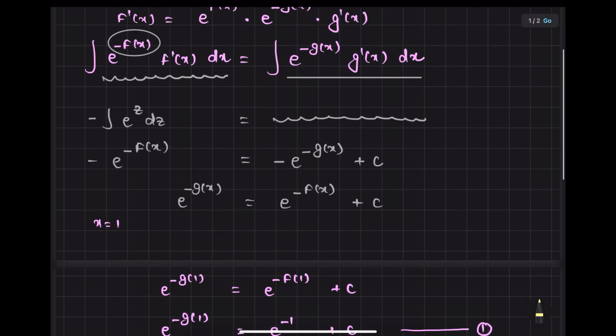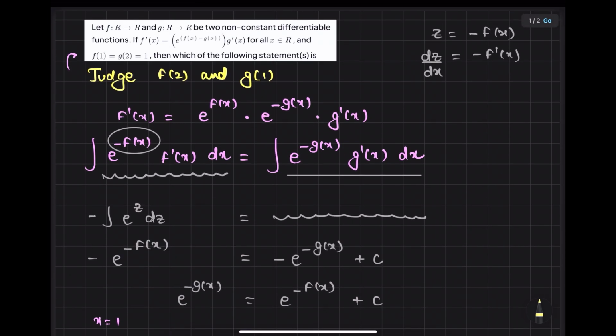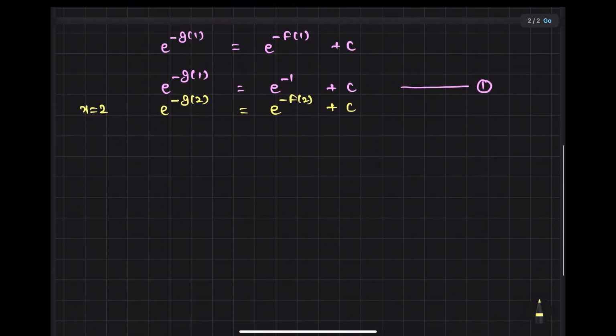Now g of 2 was, I think it was 1. Yes, it is 1. So e power minus 1 equals e power minus of f2 plus c. Correct? Suppose that this equation is 2. Now we have to get rid of this integration constant c. So what I will do, I will subtract.